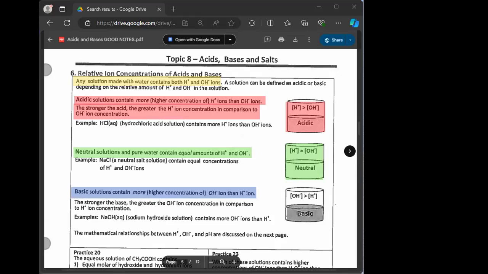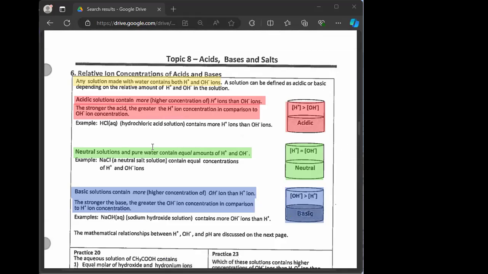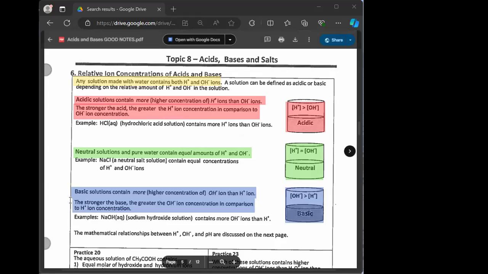And then basic solutions contain more OH than they do hydrogen.